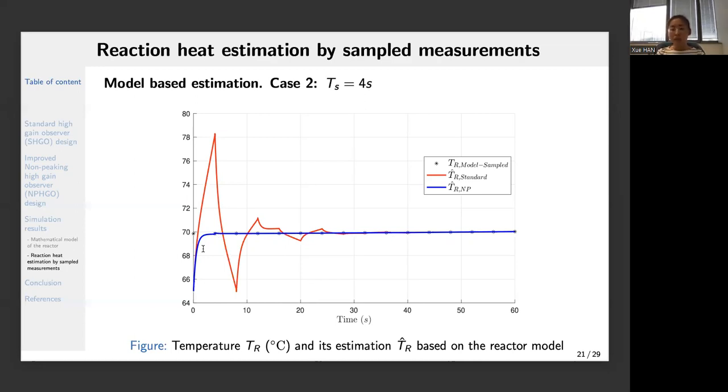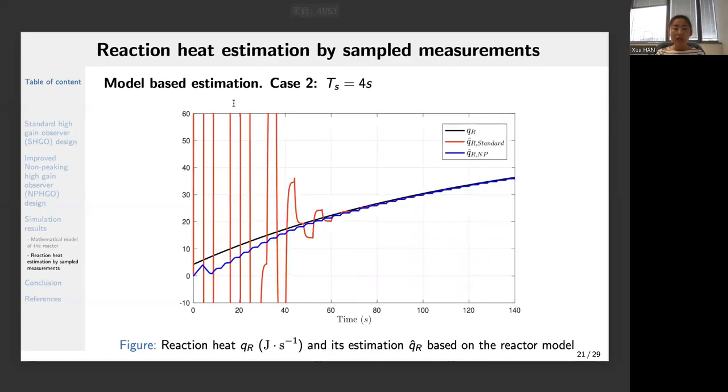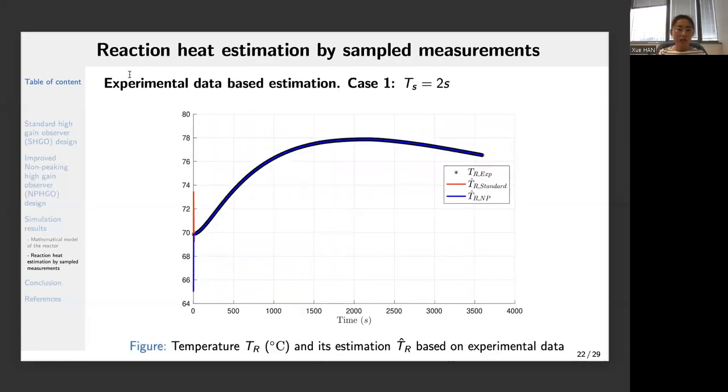So here we focus on the reaction heat estimation, and both of these observers will converge to the reaction heat from the model. And similar as before, the non-peaking observer gives a better estimation result because it doesn't have the peaking phenomenon.